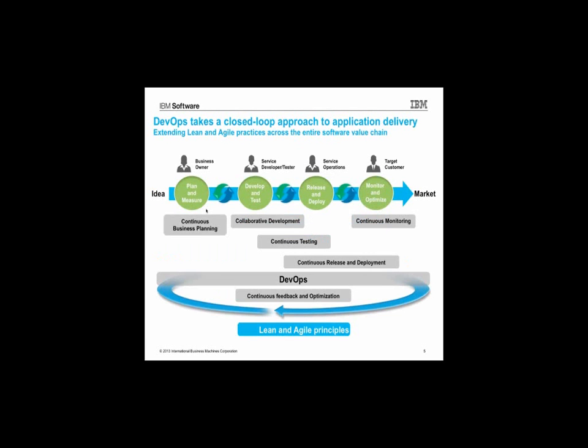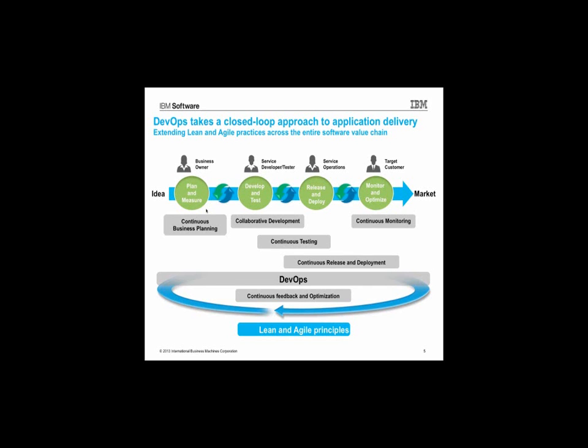So DevOps, this concept of DevOps, tries to take a feedback-driven approach to breaking down these barriers. It takes the lean and agile practices that we all are aware of and applies them across the different domains or stakeholders: people in the line of business, development, operations, and even target customers.